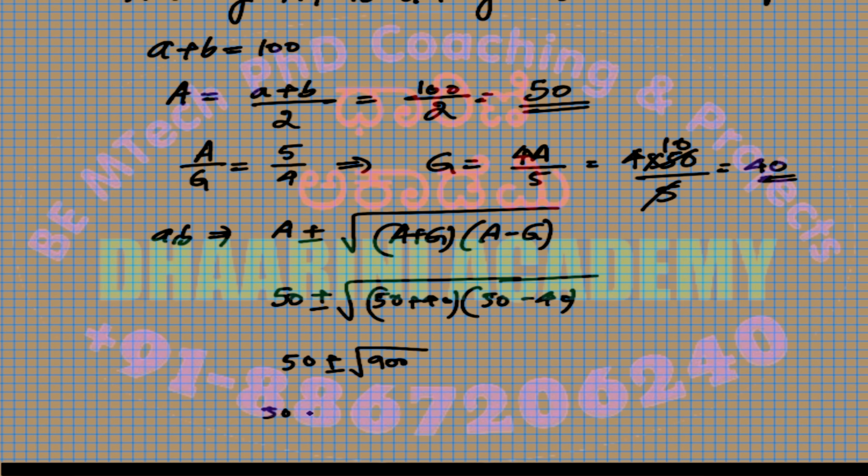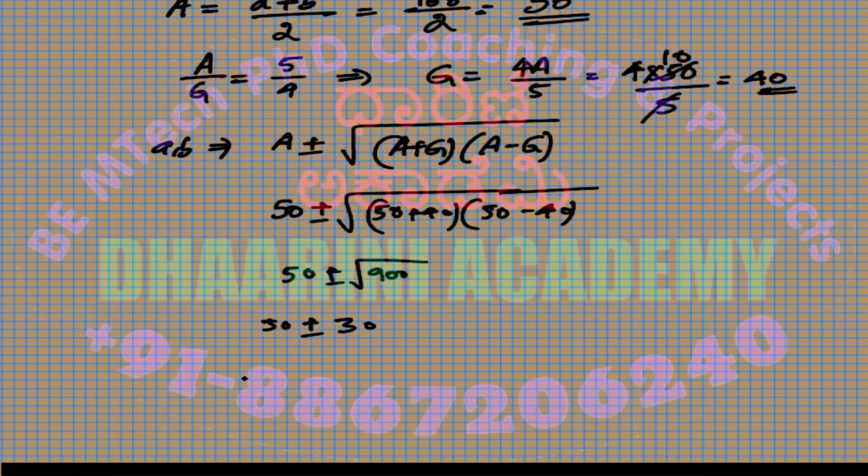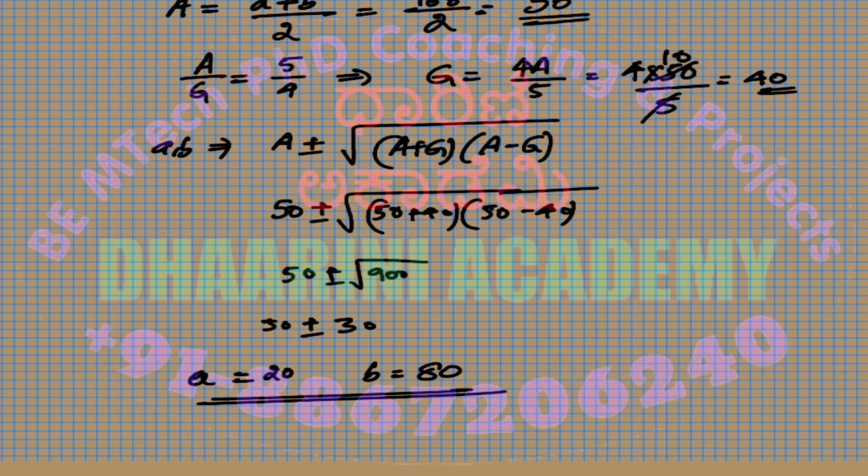So should perform 50 plus or minus 30. So one number will be 50 minus 30, the smaller number, a, and b should be 50 plus 30, 80. So you see, you got it. So a is 20, b is 80. So the arithmetic mean becomes 50 and the geometric mean becomes 40. So that is the required answer.